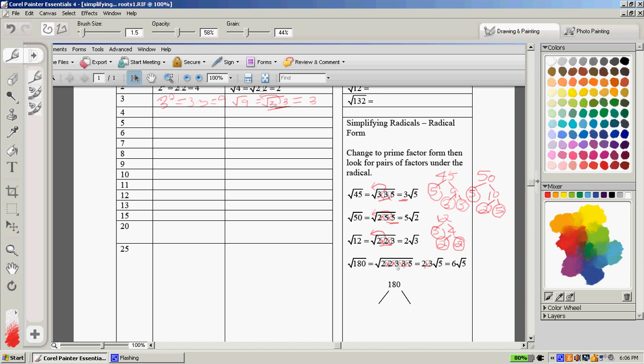Now let's do 180. And 180 is an interesting example because we start getting more than one pair of factors that are the same.